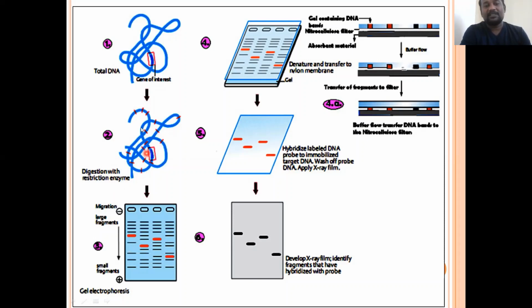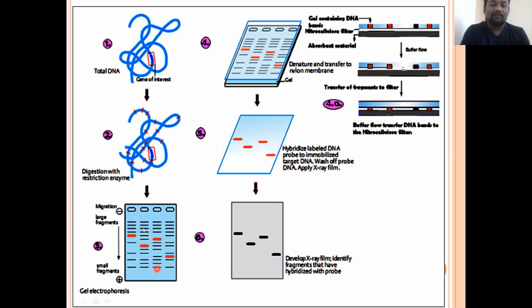So the first step is cutting into smaller fragments, either DNA or RNA, and in the case of Western blot, the protein is denatured with the help of SDS, sodium dodecyl sulfate. After the first process is over, the DNA, RNA or proteins are separated using the electrophoresis technique. So electrophoresis is the second process in the blotting technique.